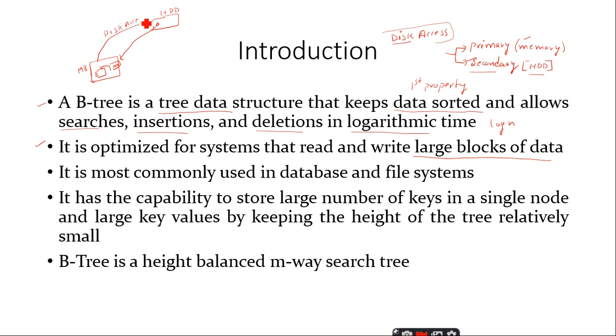Whenever you want to load a program or information into the main memory, you give a disk access command. For example, disk access of 100 means that I want to access the 100th location of the disk. So it will go and search the 100th location, and the 100th location will be loaded into the main memory.